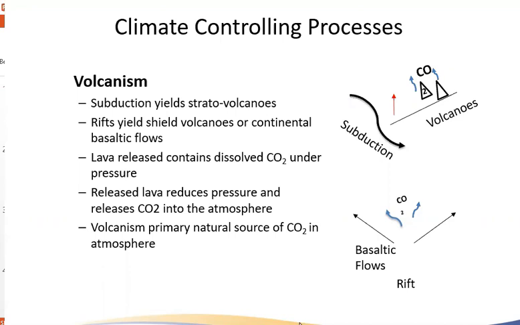Carbon dioxide dissolved in the magma under pressure is released into the atmosphere as the pressure is released. Think here again of a champagne or a Coke bottle, okay? The wine is put into the bottle, it's then pressurized with carbon dioxide to keep the carbon dioxide in solution, and a cork is put in to hold all that pressure in there.